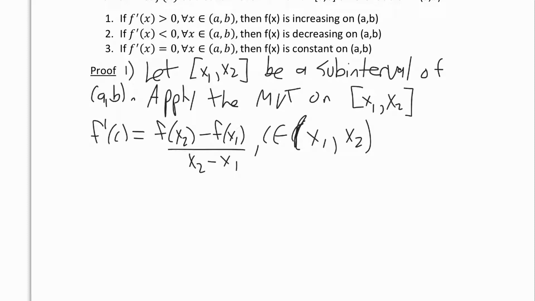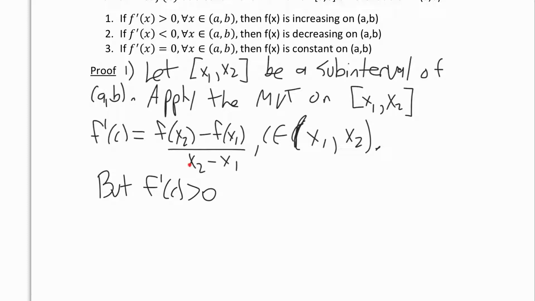So c is in that interval. Now here's the thing we know. Because we're doing part 1, we're going to assume that the derivative is always positive. Well, if the derivative is always positive, then the derivative at c is also positive. So we could say, but f prime of c is positive.